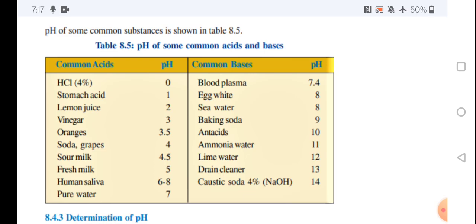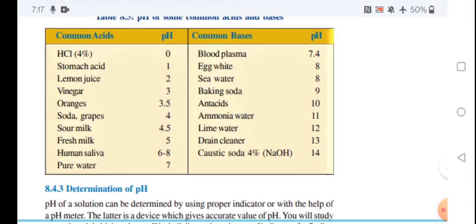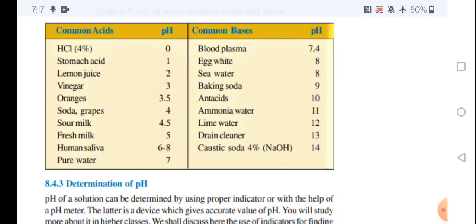Vinegar, 3. Oranges, 3.5. Soda and grapes, 4. Sour milk, 4.5. Fresh milk, 5. Human saliva 6 to 8, and pure water is equal to 7.